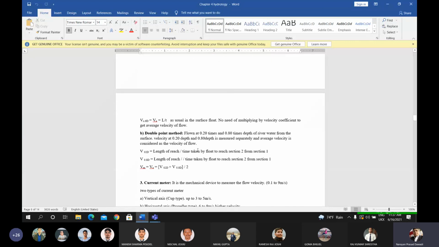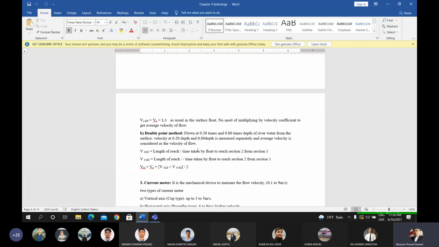Now, for the double point method, the velocity rod flows at 0.2 times depth and at 0.8 times depth. The velocity for 0.2 times depth is calculated, and the velocity for 0.8 times depth is also calculated in a similar manner, and the average velocity is taken as velocity at 0.2 depth plus velocity at 0.8 depth, divided by 2, which gives the measured velocity.